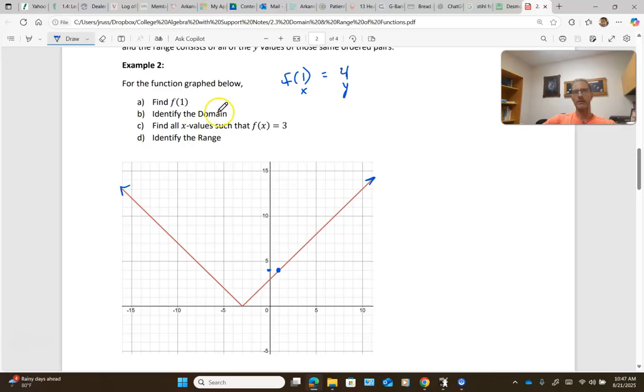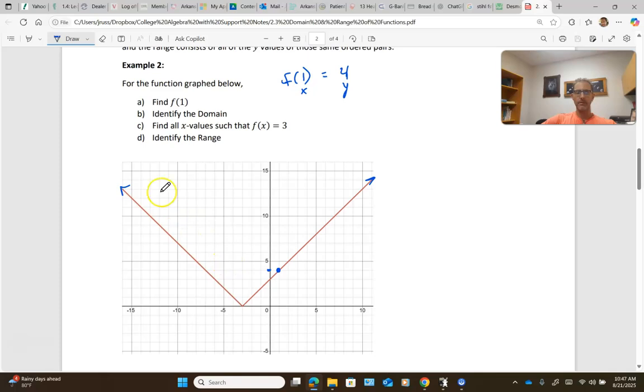Now, what about the domain? Well, because this is a continuous function, the domain for this function is going to be an infinite set. It's the set of all the x-coordinates that make up this function. This function is made up of infinitely many points, one stacked right after the other.